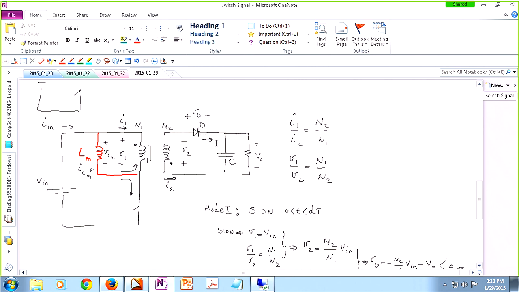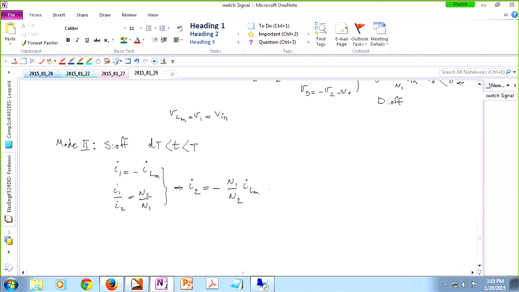So ID is the opposite of I2, which is the negative of I2. ILM is positive, N1 and N2 are positive, so totally ID is positive. So there is a possibility for our diode to conduct a positive current. That makes sense, so the diode turns on.